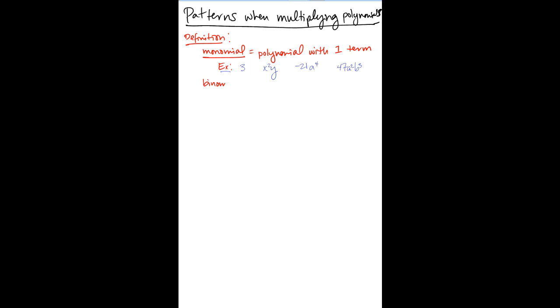A binomial is a polynomial with two terms. We see the word bi. Mono tends to mean one; think of monocle. Binomial, think of bicycle. And you can guess also that a trinomial, tri for 3, tricycle for example, or triangle, is a polynomial with 3 terms.